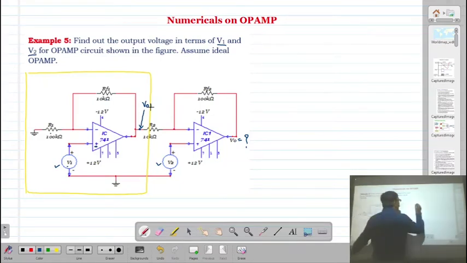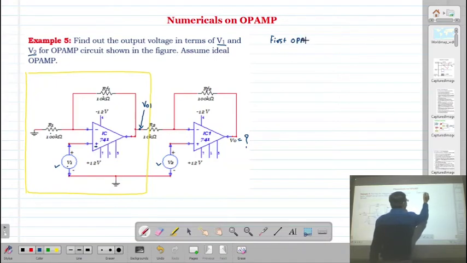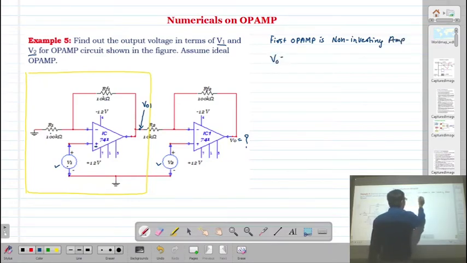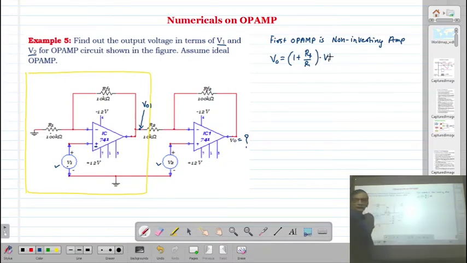So here we can say that the first op amp is a non-inverting amplifier. So we can write that the output voltage equals 1 plus Rf by R1 into the input voltage. Correct? This is for a non-inverting amplifier.